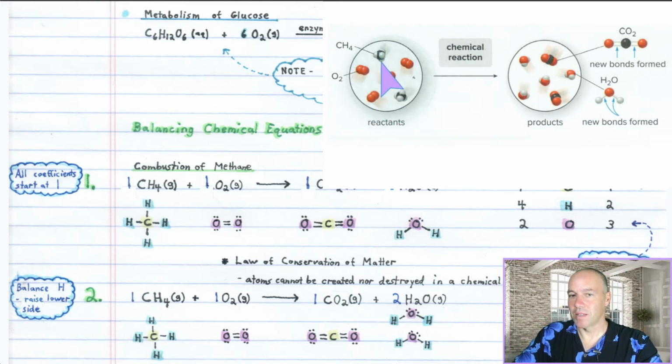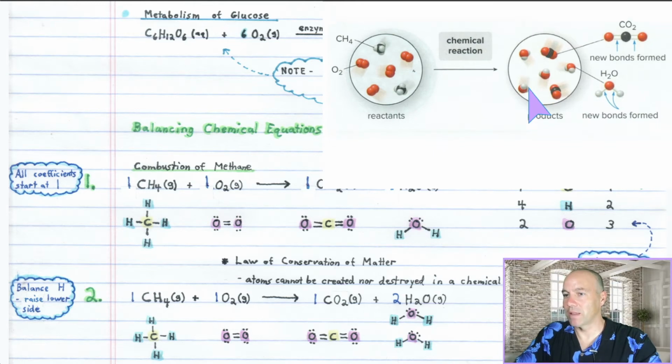Okay, CH4 and oxygen. You have different molecules on the left, and after they burn together, you end up with carbon dioxide and water on the right over here. So chemical changes are pretty easily identified because the molecules that you start with are different than those that you end up with.